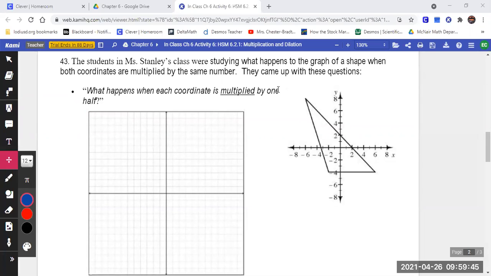All right, so it says, what happens when each coordinate is multiplied by 1/2? Okay, think on it. Use the calculator to find the answer. And give me a sentence for what would happen if we multiplied by 1/2 for each x and y.